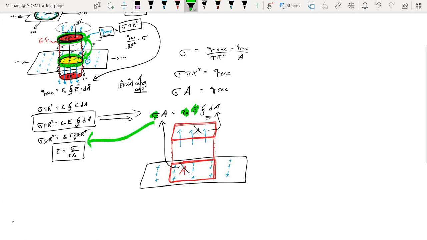And so all of that is just going to condense back to what we got before.